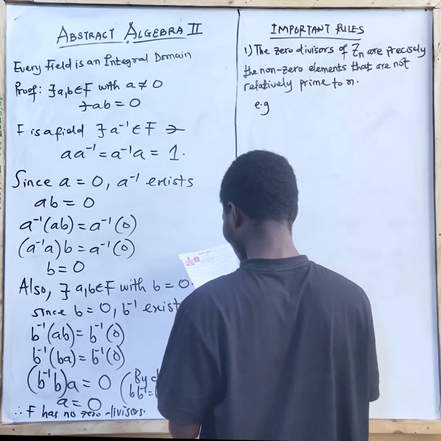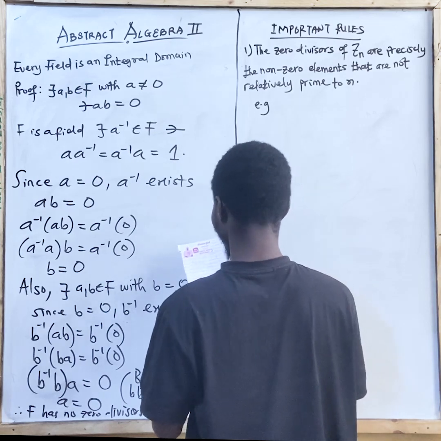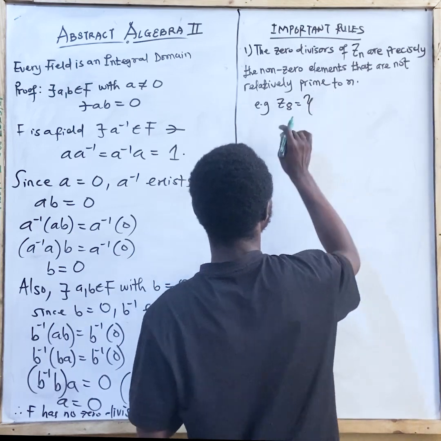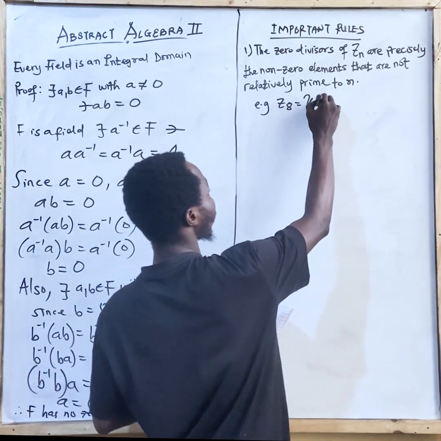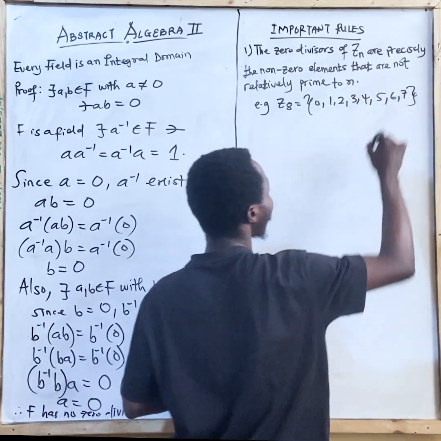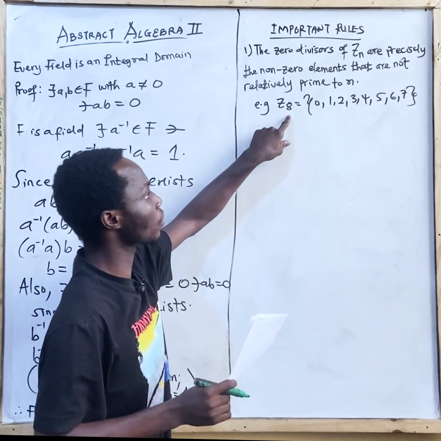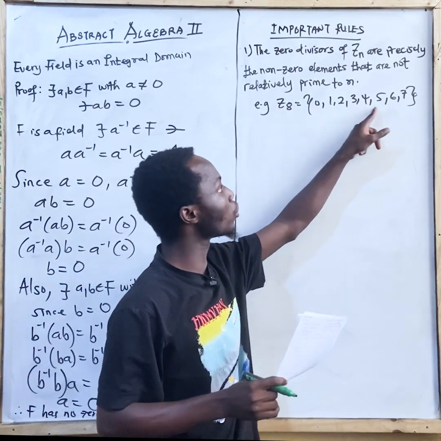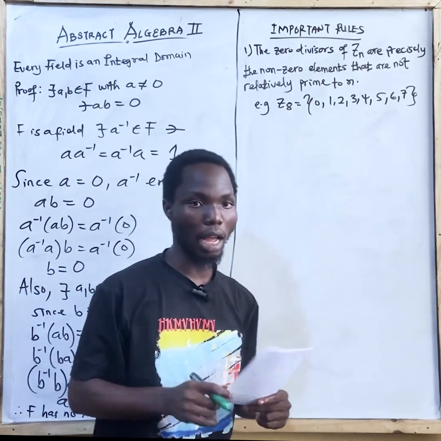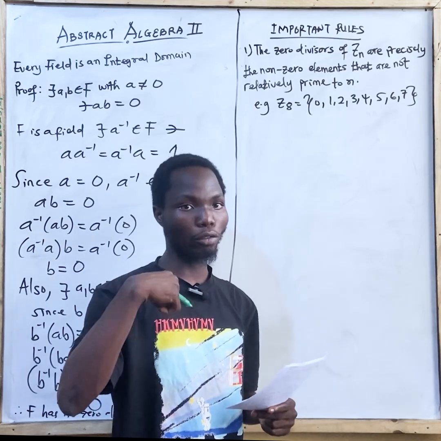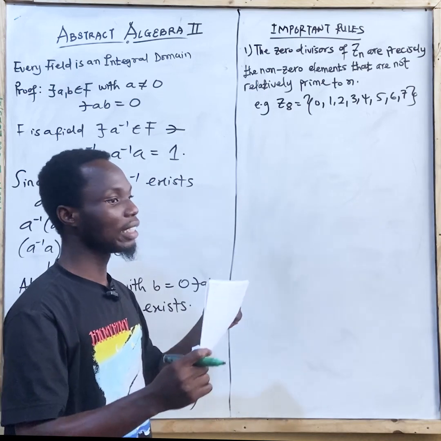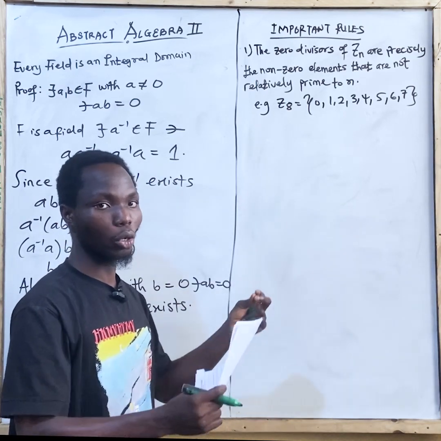So let's take an example. If they ask me to find the zero divisors in Z8, I know if I'm to write out the residue of Z8 it is from 0 to 7. Without stressing myself, if I want to know the zero divisors of Z8, all I will do is go to the residue. What are the elements in this residue that are not relatively prime? Remember from what I showed the other time, when I say something is relatively prime, it means the greatest common divisor between both is just 1.